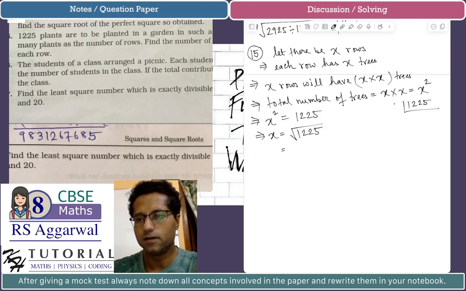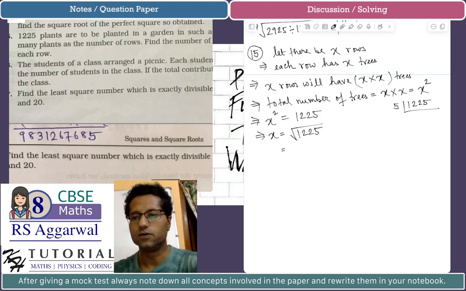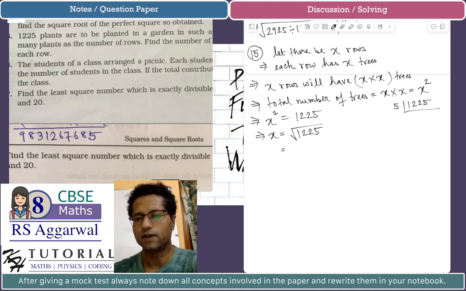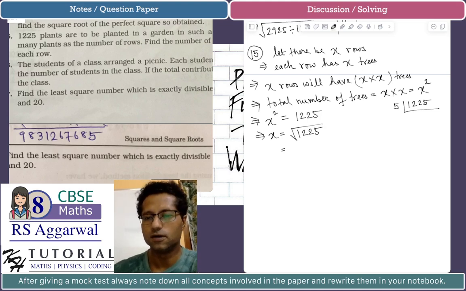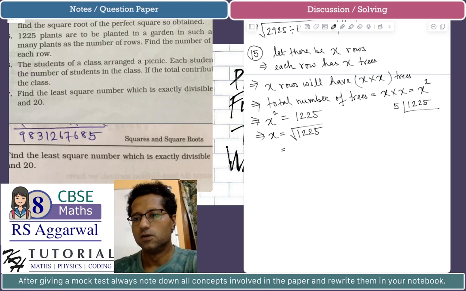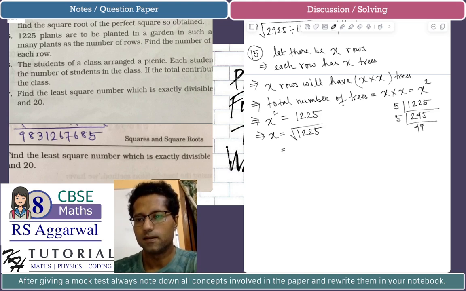Let's find the prime factorization of 1225. So 1225 divided by 5 is 245, and again divide by 5, 49, and 7 and 7.